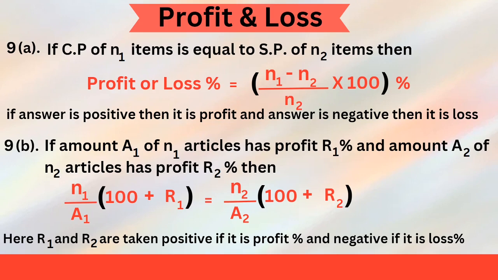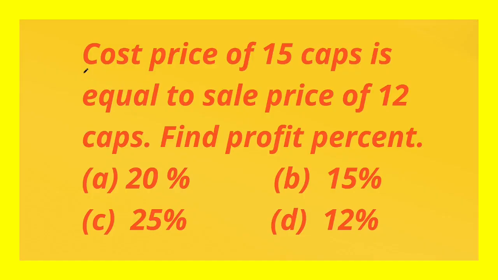Now we solve a few questions based on these formulas, and we will learn a few short tricks to solve these questions. We go to the questions. Our question is: cost price of 15 caps is equal to sale price of 12 caps.